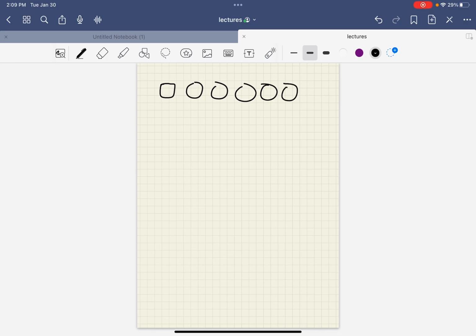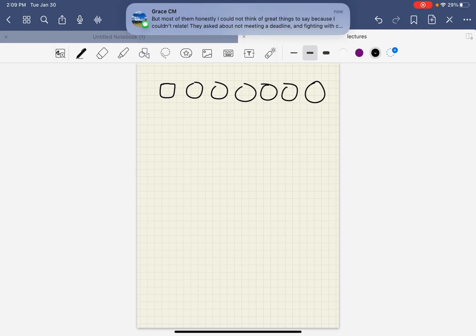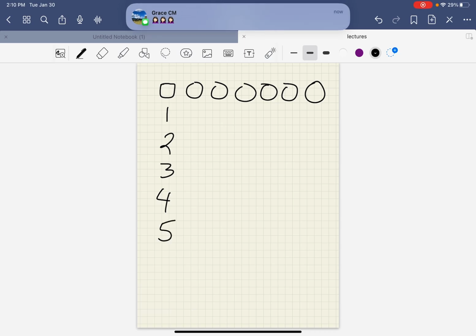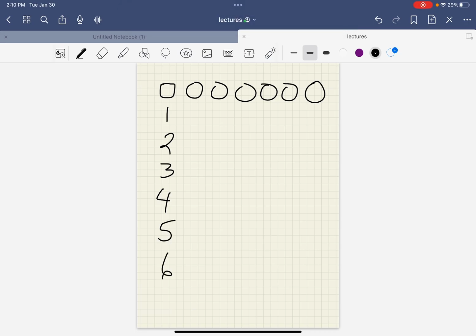Then 4, 5, 6, 7, and then we'll come down, so 1, 2, 3, 4, 5, 6. We'll just go one more. So 1 times 0 is 0, 2 times 0, 3 times 0, and so on and so on.